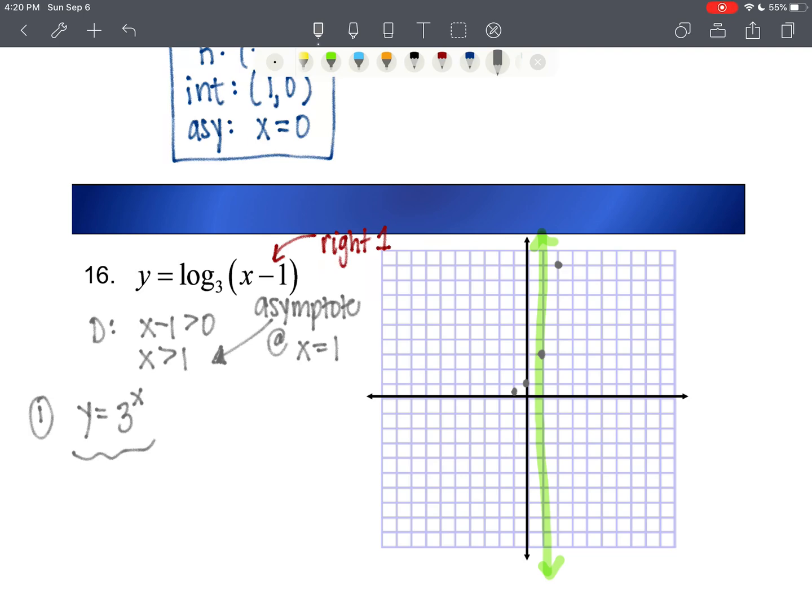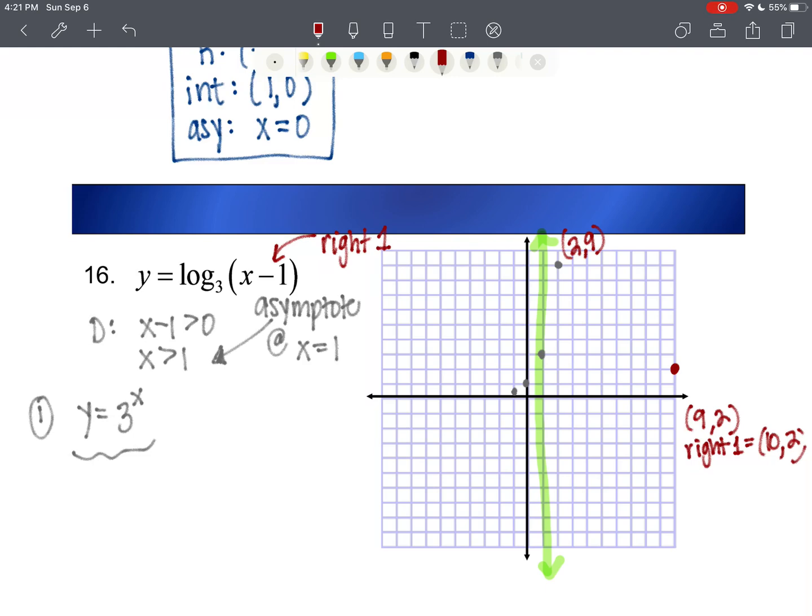So I'll show you what I mean. Let's start with this easy one right here, 2, 9. So 2, 9 becomes 9, 2, but then we're going to go right 1. So when we go right 1, we get 10, 2. Okay, let's try again.